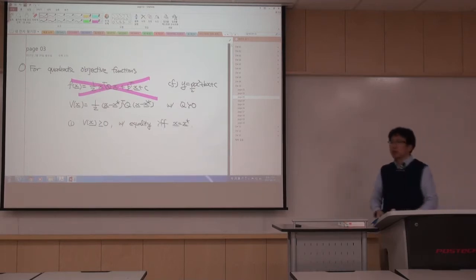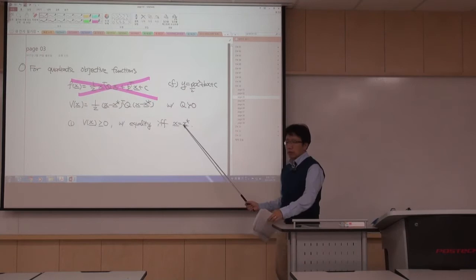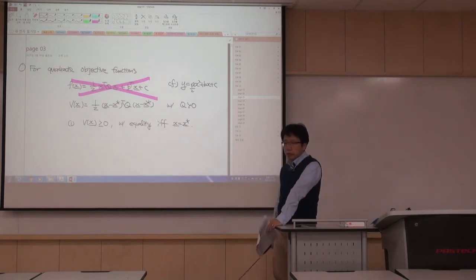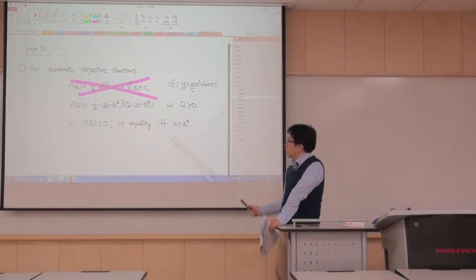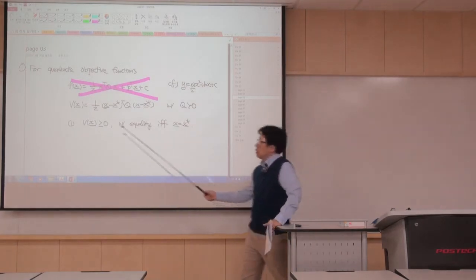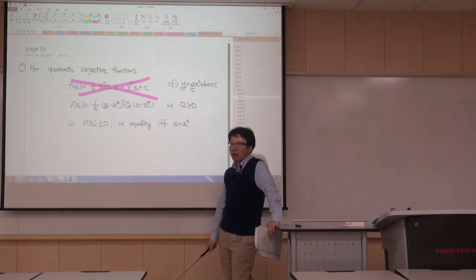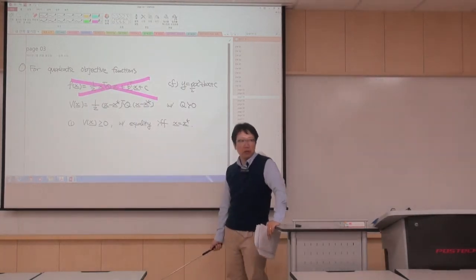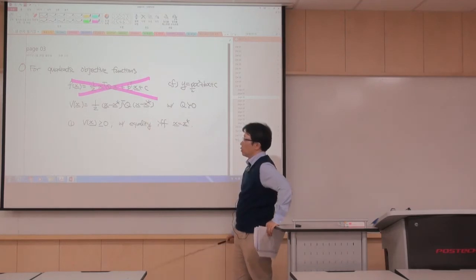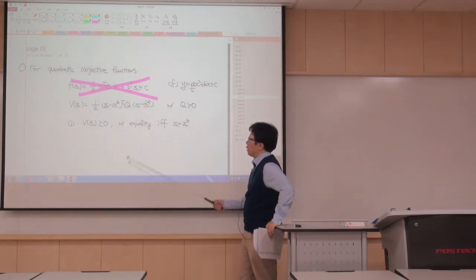So it has the unique global minimizer. And at this global minimizer, this function value is 0. Otherwise, the value is positive. This is a very good property for us to use, as you will see today.